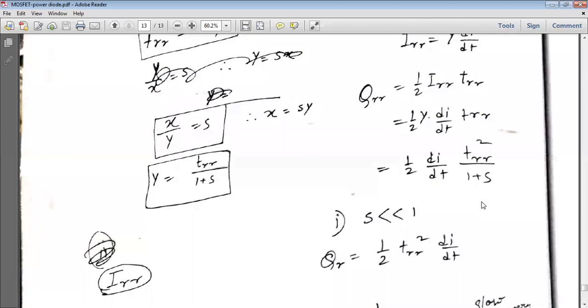When the softness factor is more, then it cannot be negligible. That means it will have some value, and therefore 1 plus S will be considered, and in that case the device will be slower.